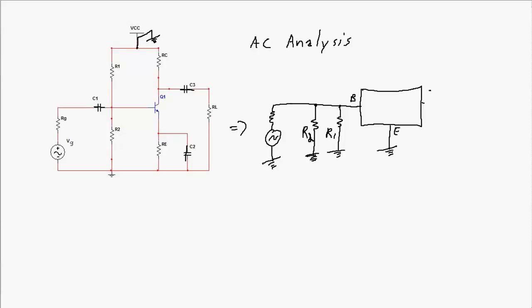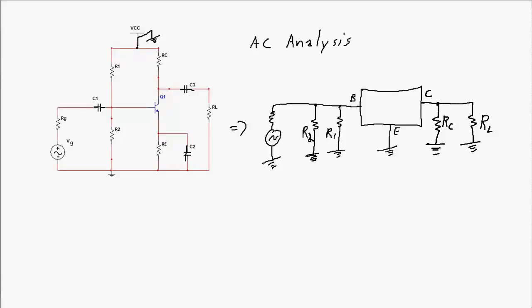And then over here at the collector, I have my RC connected to ground now, because again the voltage source was shorted to ground, and I have my load connected to ground. Now, if desired, I could simplify this a little bit more. I could combine these two resistors to make one equivalent resistor of R1 in parallel to R2, and I could also combine RC and RL into one equivalent resistor and make it the equivalent RC parallel to RL.